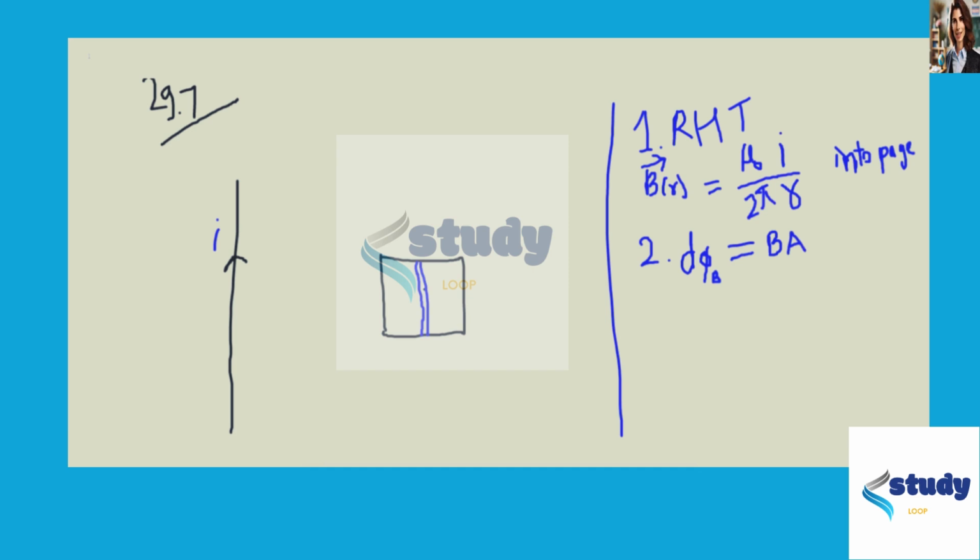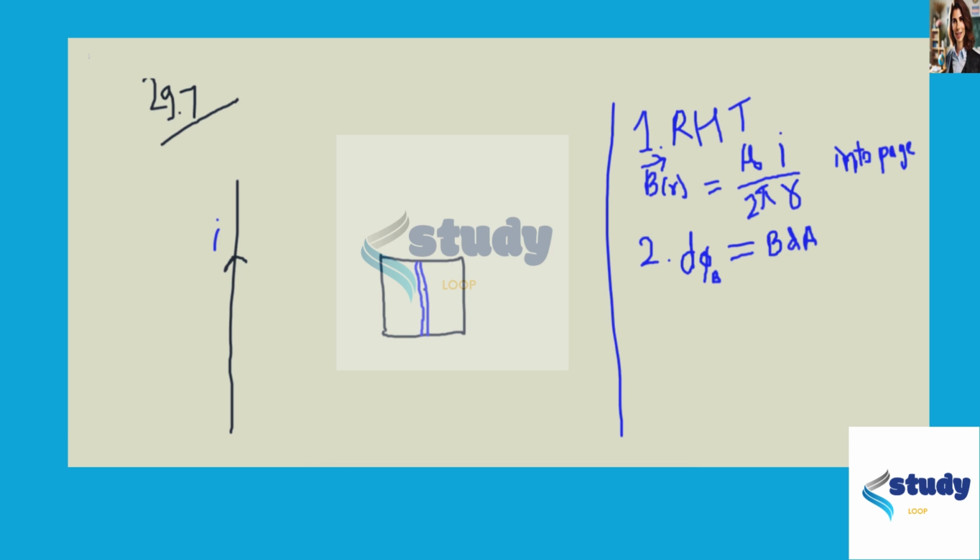You can say d phi over A. In this case, I would write dA, which also represents the area, but since this is a very small area, this keeps the mathematical consistency.